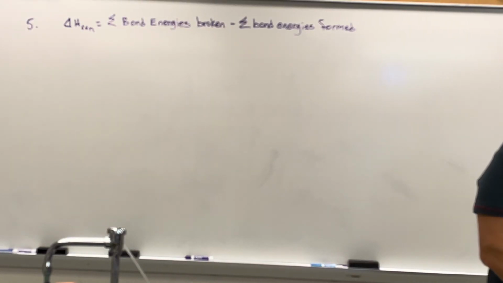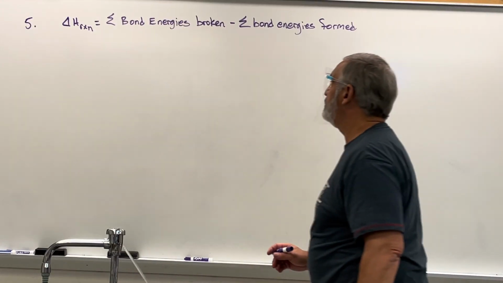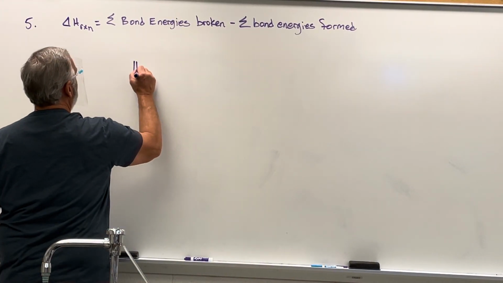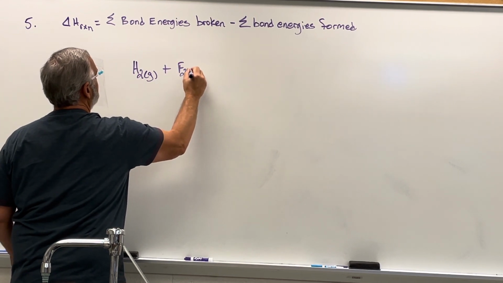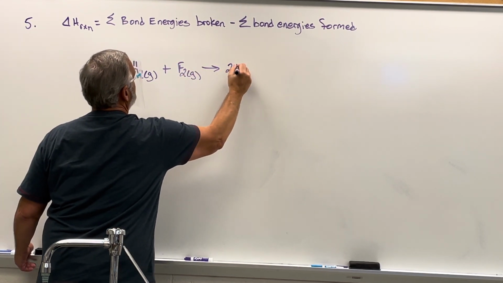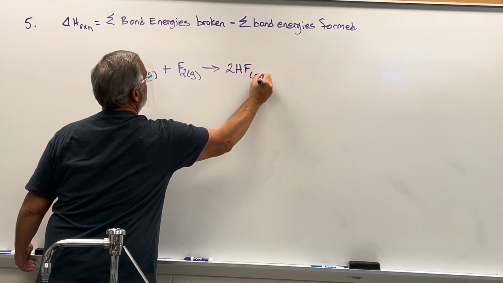So, if we look at exercise 12 on page 9, it says that hydrogen gas plus fluorine gas makes 2 hydrogen fluoride gases.